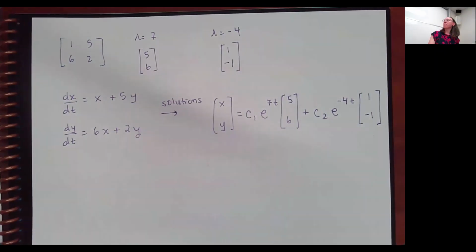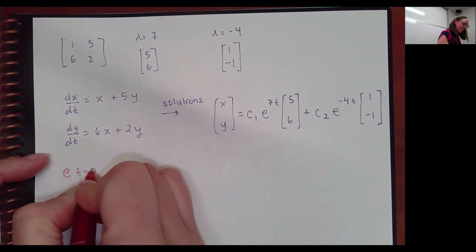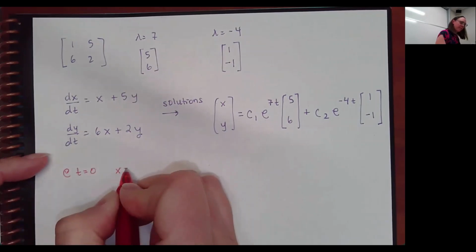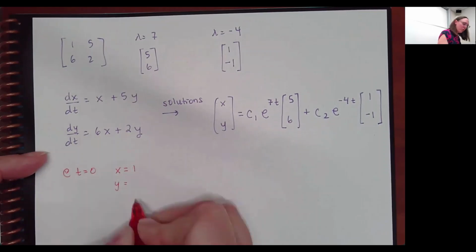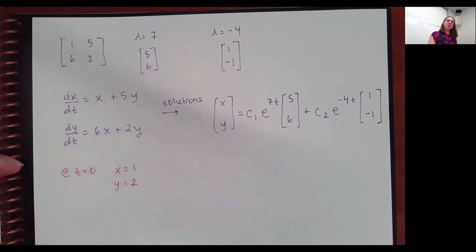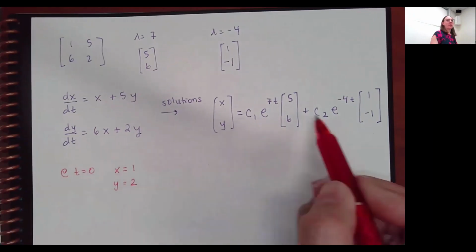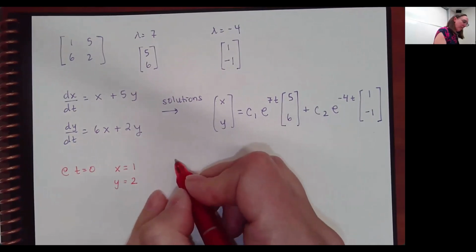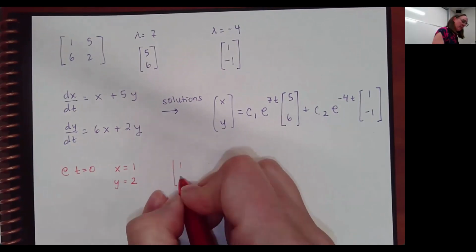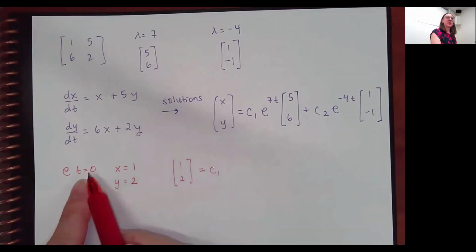And so the point of eigen... At t equals 0, what do you want x to be? And what do you want y to be? Cool. So this would be enough information for me to solve for C1 and C2. If I went through that, I would have (1, 2) equal to the solution at 0.